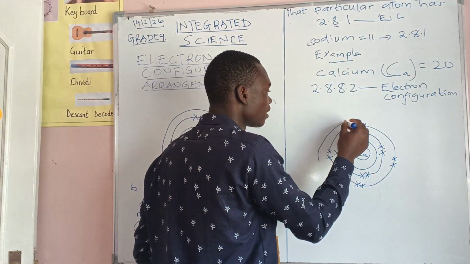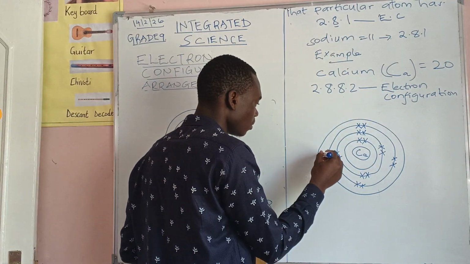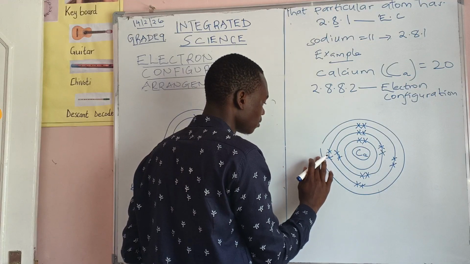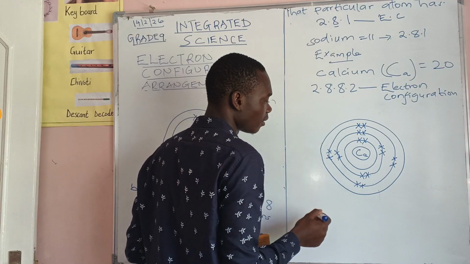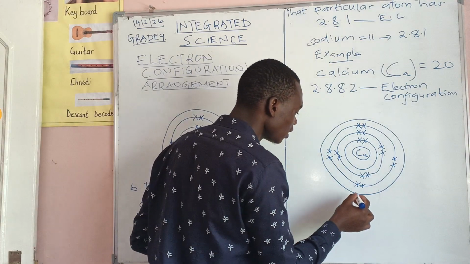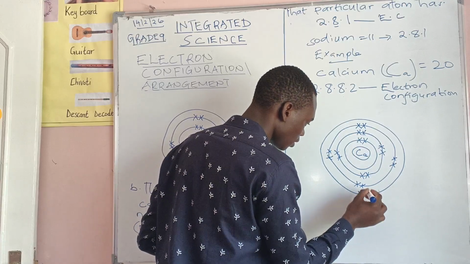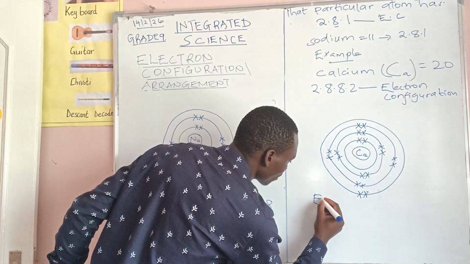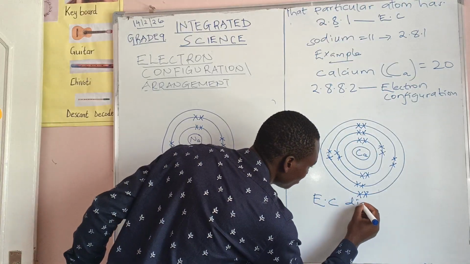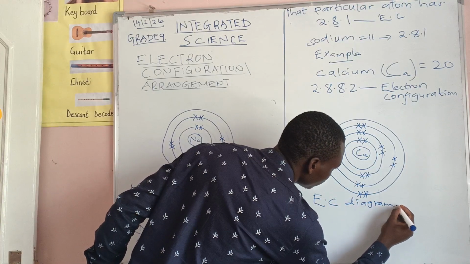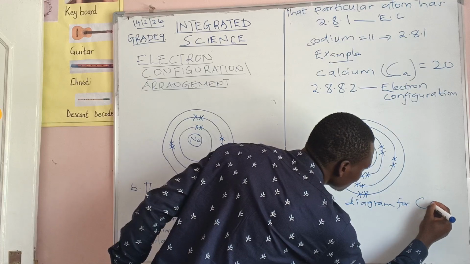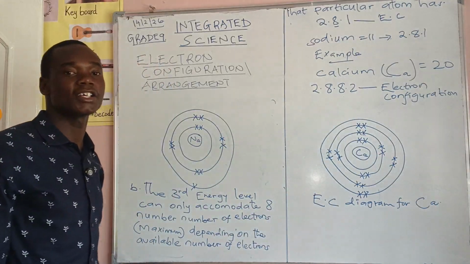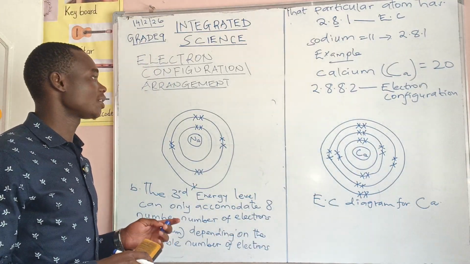We add another energy level. How many electrons are remaining? 2. So this is the electron configuration diagram for calcium.